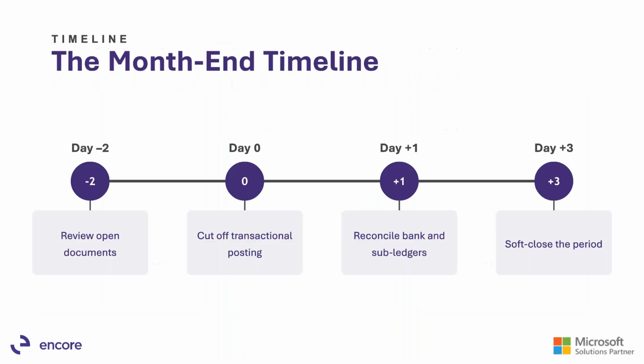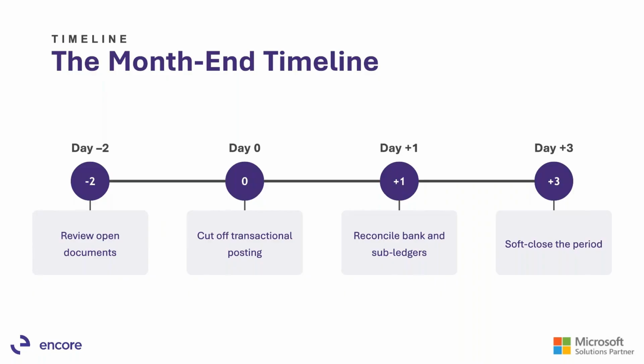So a very efficient month end doesn't always happen on the last day or the final day of the month. A smooth close will depend on a disciplined timeline, and it starts a few days before the month ends. So here I have a timeline, but every company is different.